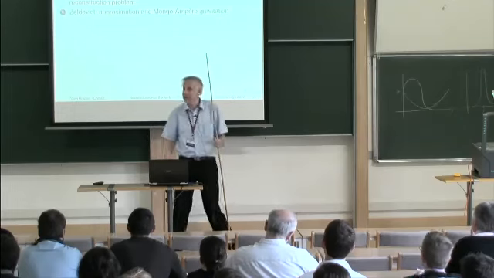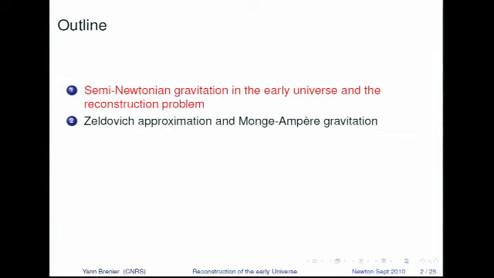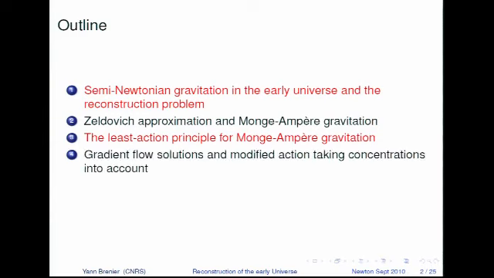After that, I will discuss the so-called Zeldovich approximation and the way we can understand that using the Monge-Ampère equation. Then there will be some discussion about the least action principle, and the gradient flow solution will come up, and eventually I will describe a numerical method, at least in the 1D case.